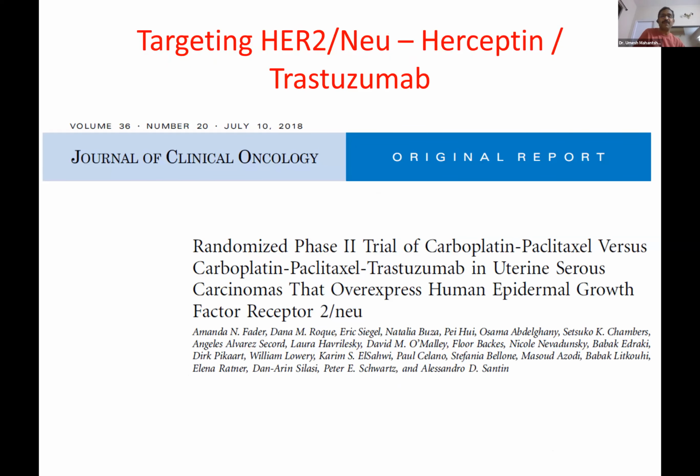And another example, if the tumors show the presence of HER2 positivity, then maybe there is scope to add trastuzumab along with the standard paclicarbo, especially in advanced as well as recurrent tumors.